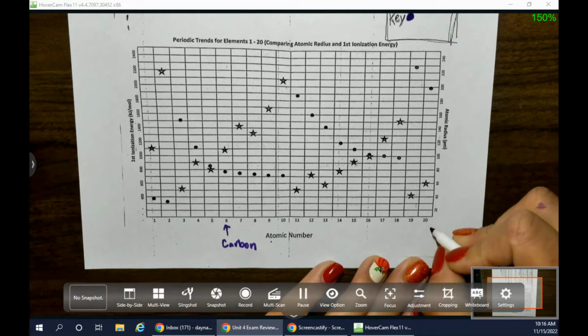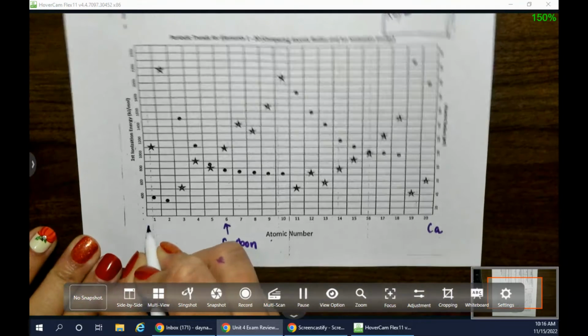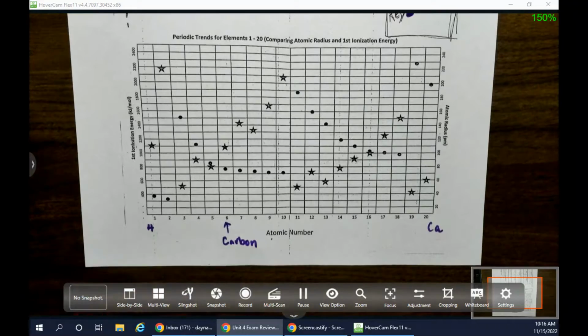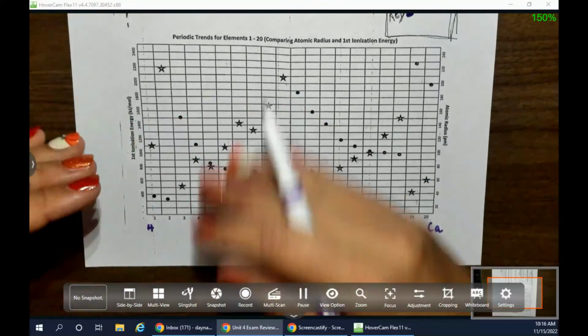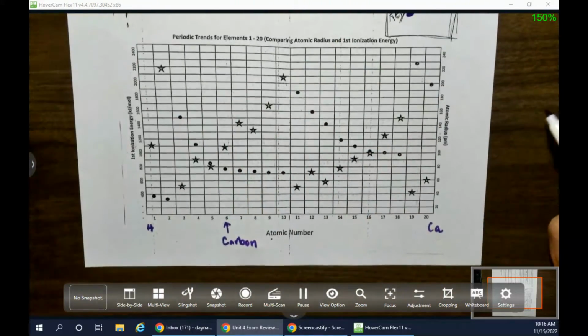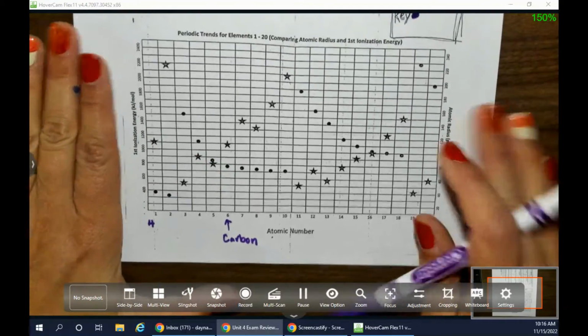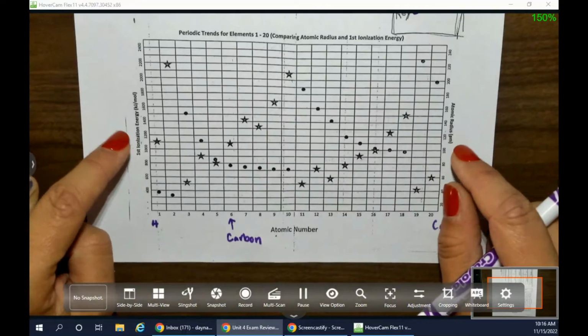Calcium, exactly. All right. So you're going from hydrogen all the way to calcium. And this is just showing you what their amounts are. But what you've got to look at is that all these different stars and dots are focused on one y-axis or the other. There are 2 y-axes here.